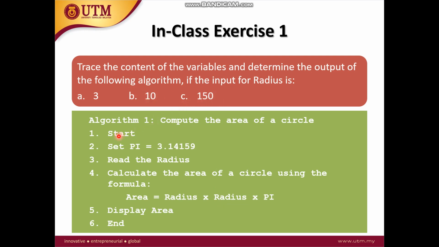The pseudocode is: start, set pi to this number, which is a constant. Read the radius, then calculate the area. Area is radius multiplied by pi, then display the area. You are going to apply the trace table on this algorithm when you have the radius 3, or 10, or 150.